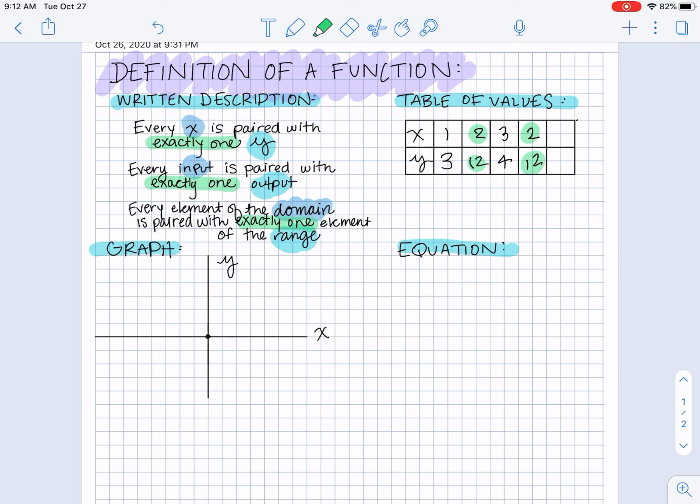So we're okay there. But if I do something like this, 3 and then, I don't know, 16, all of a sudden, whoa, no, not a function because my 3 here is paired with 2 different y's. So that can't happen.